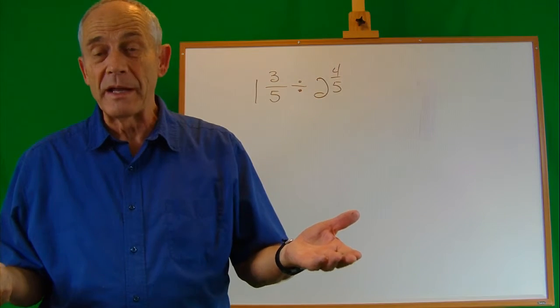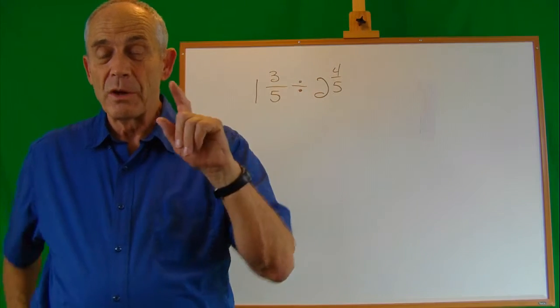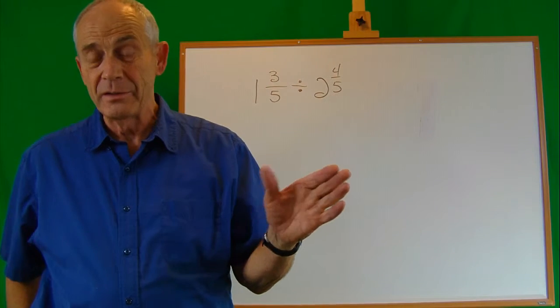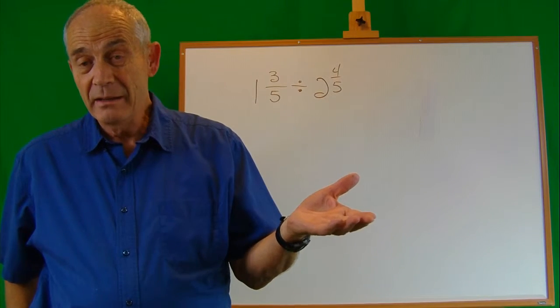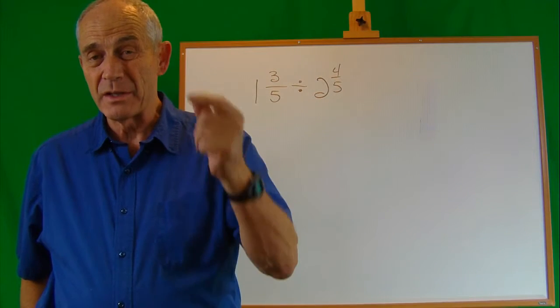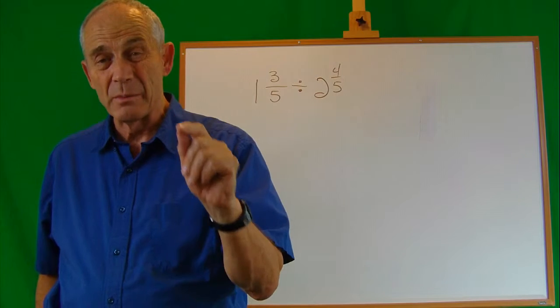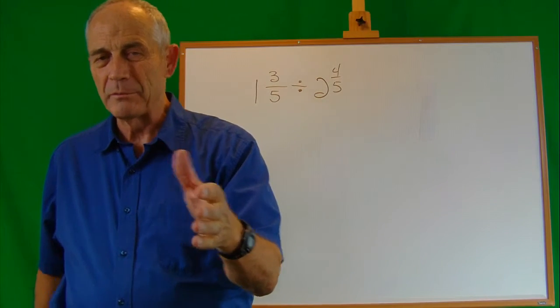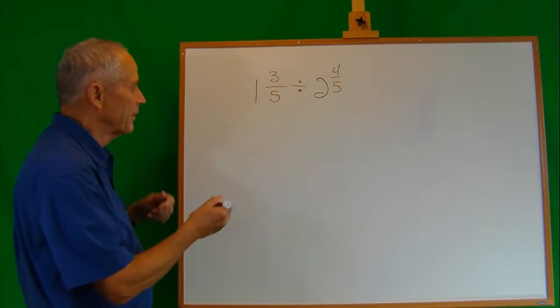We just multiply by the inverse. So if we remember that, then all we really have to remember is when I'm dividing with mixed numbers, I'm really multiplying with mixed numbers. And whenever we have mixed numbers and we're multiplying, what do we do? Change them to improper fractions. So that's what we're going to do.